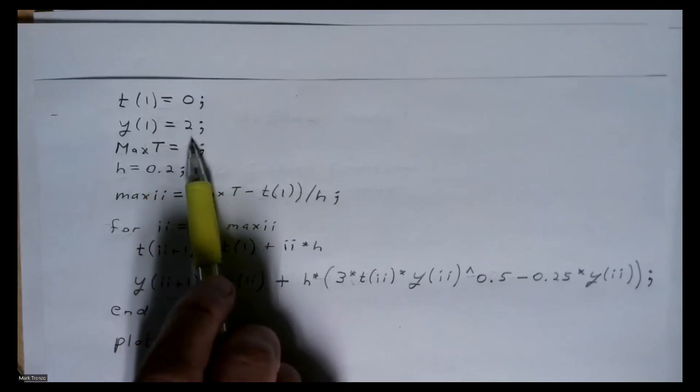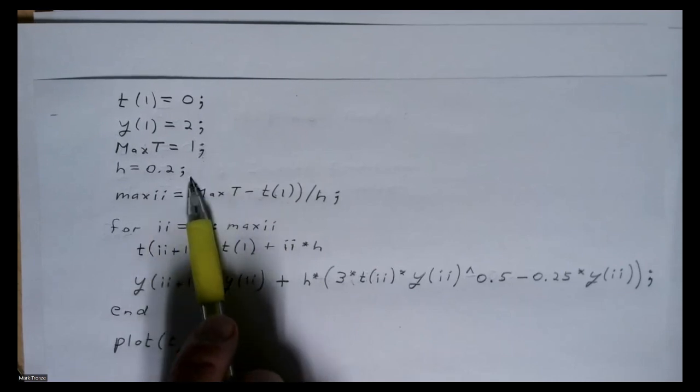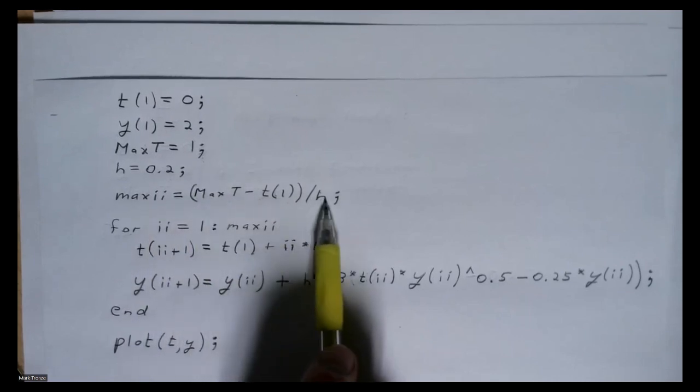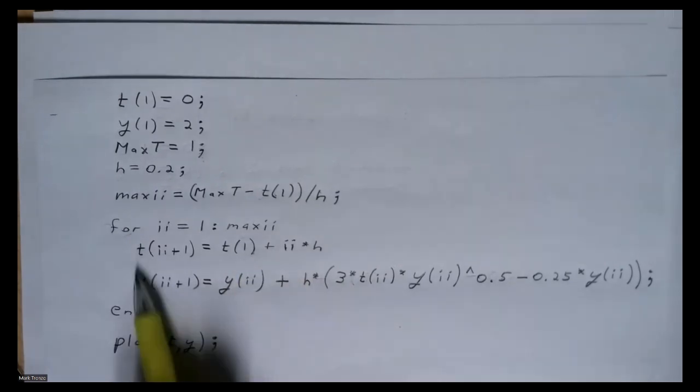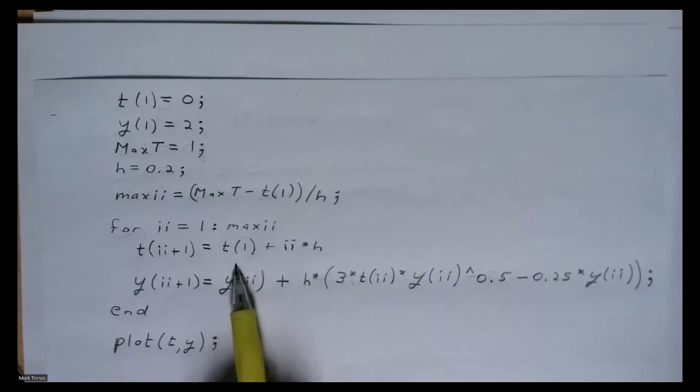Our initial y value is 2, and our maximum value of t is 1. Increment size 0.2. Then it'll calculate the number of iterations that we have to do just using this simple calculation. And then this will increase the time step every time. So we're going to start with, say, t1, then keep adding an increment every time. Then we'll calculate our values and we'll plot this.